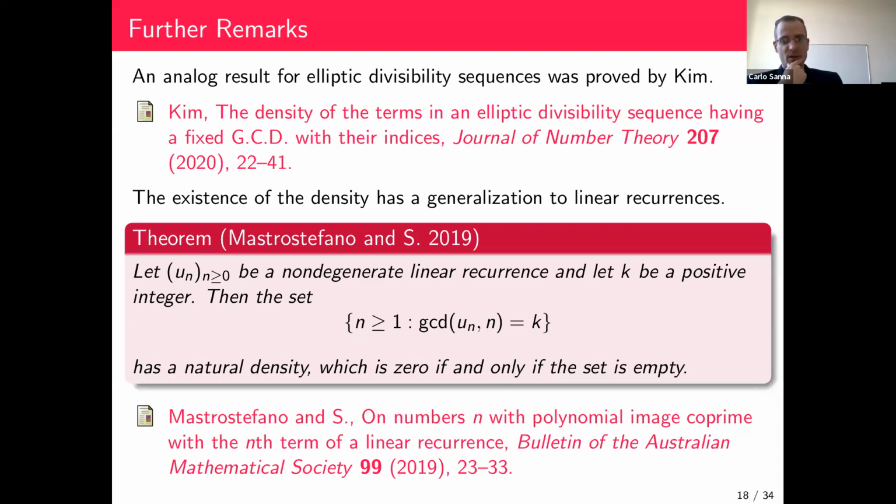What is missing here? Well, two things are missing: a formula for the natural density, we did not provide it, and a criterion to establish when the natural density is positive or not. Those are two open problems for us. If I remember well, we did some special cases, but in general, we did not solve them.